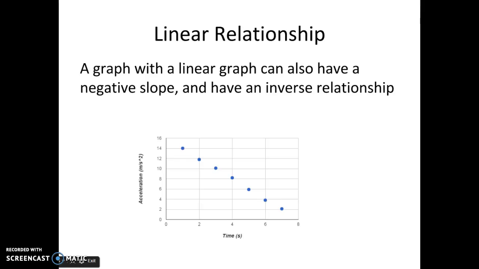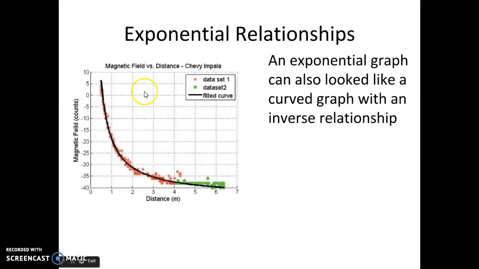But it doesn't have to be like that. You can have a linear relationship that is inverse, so that it goes down as you go from left to right. And you can also have an exponential graph that is inverse, so it also goes down as you go from left to right. So for linear and exponential, they can both be either direct or inverse relationships as well.